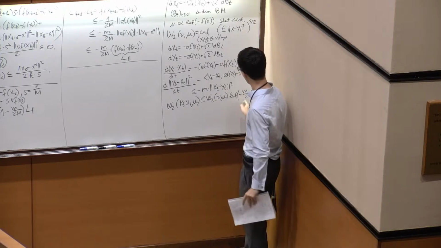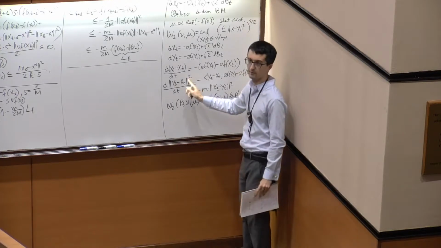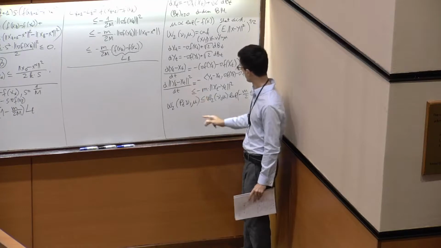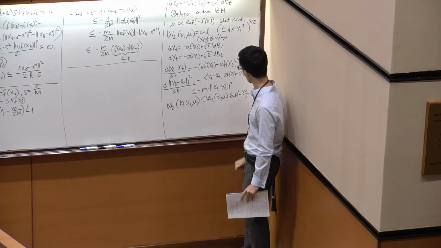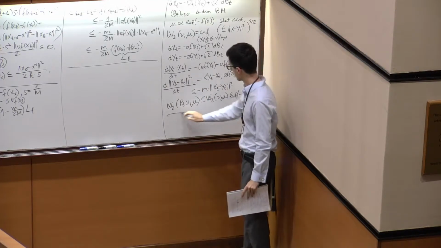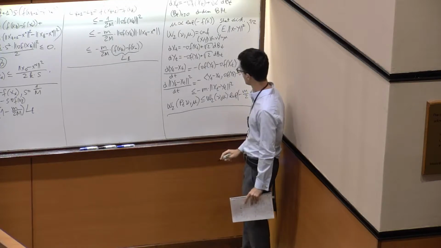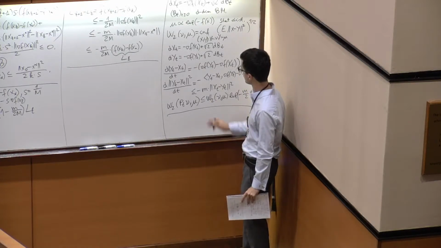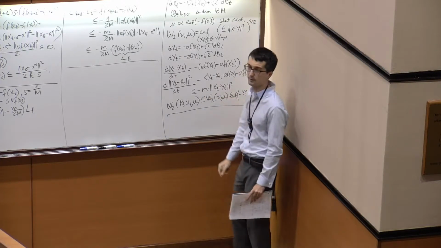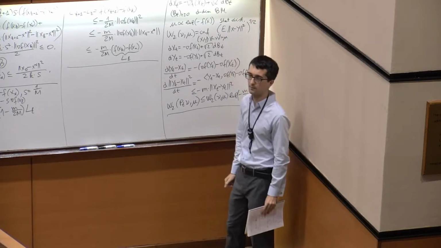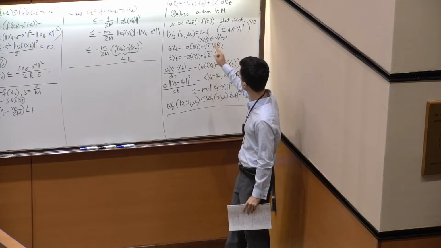So the half comes from the fact that we look at the square here. All right, so this is very straightforward to show contraction rates in continuous time for this Langevin diffusion.